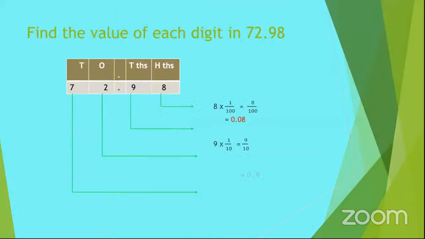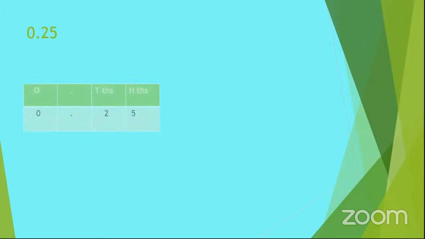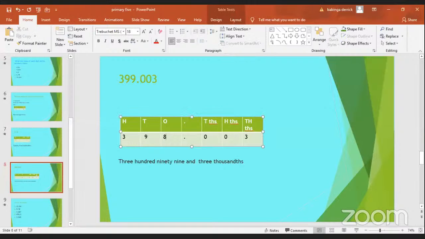So when you're reading that number before the decimal point, you read the whole of it. When you reach the decimal point, you read the decimal point as "and". You use "and" to represent the decimal point. So this number here is 398, yes?